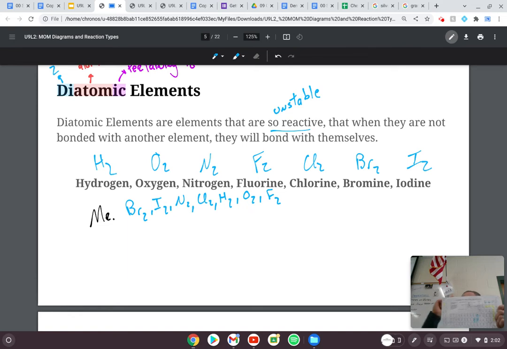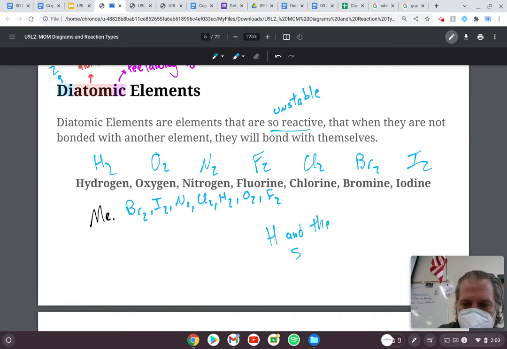If you trace with your finger starting at nitrogen and going down to iodine, what number does that make? A 7, right? So another way to remember these is hydrogen and the super 7.